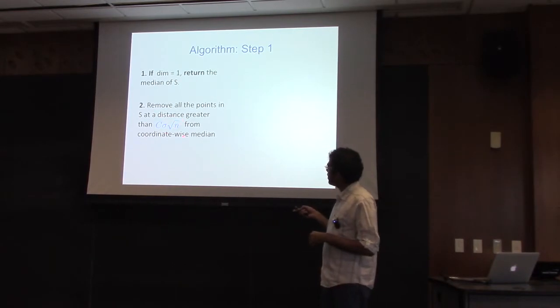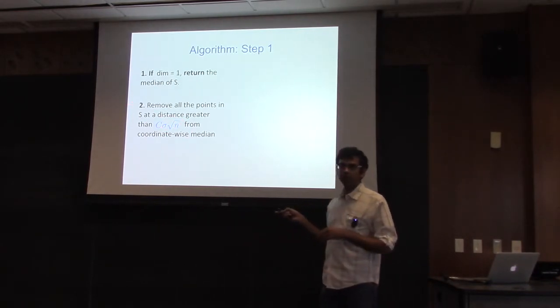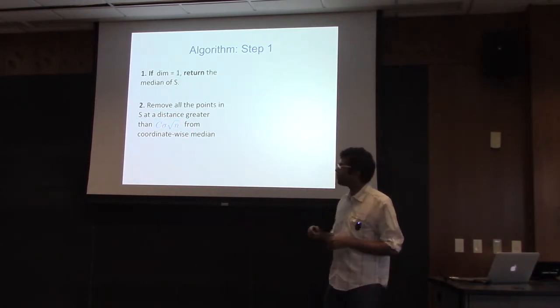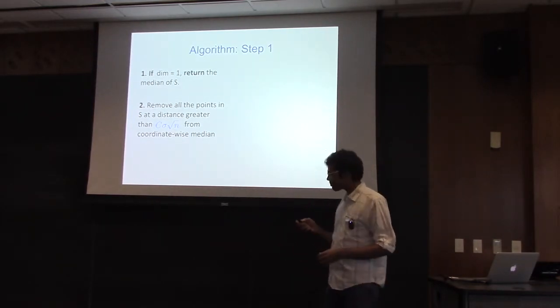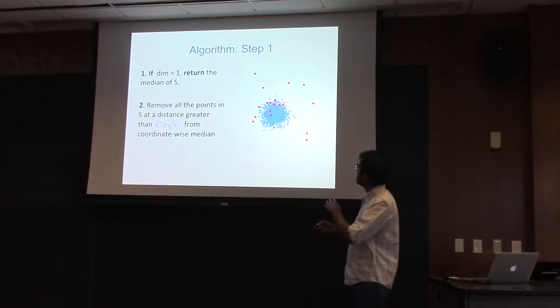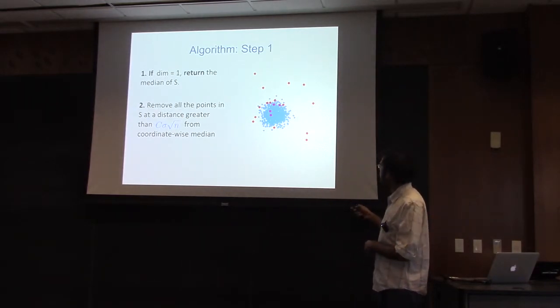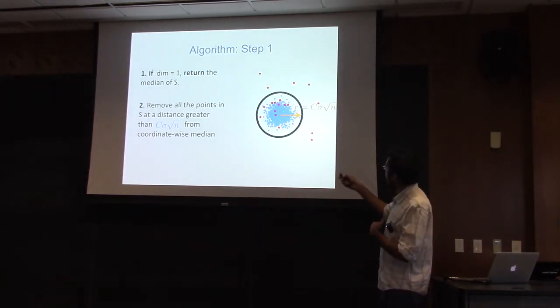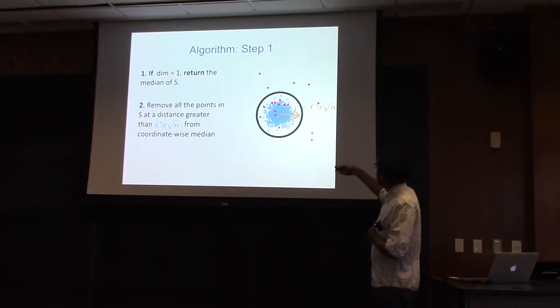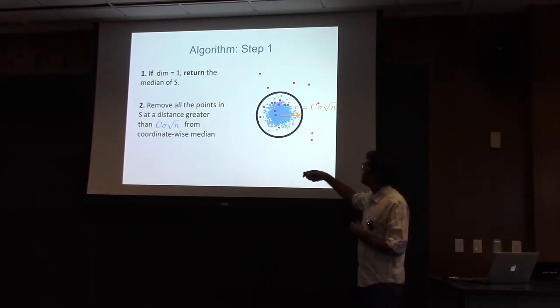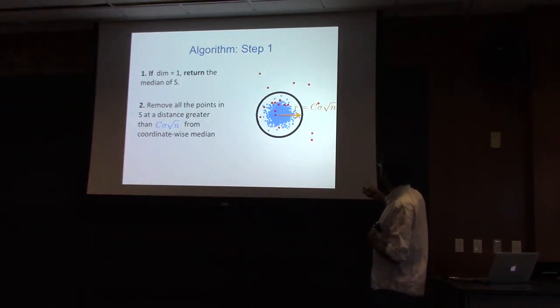And look at a ball of radius c sigma square root n around the coordinate-wise median, and throw away all the points outside it. So we have this input, and we construct a ball of radius c sigma square root n around the coordinate-wise median, and throw away all these points.